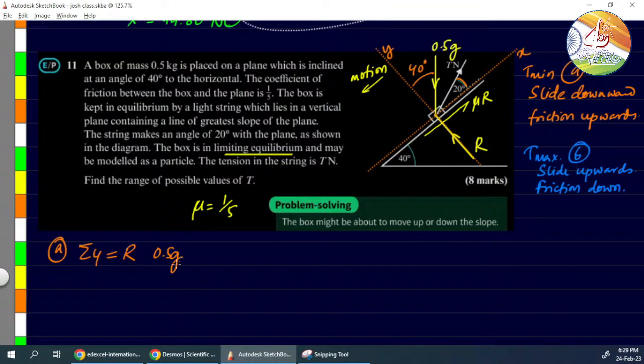The component of 0.5 g, that is cos 40, is acting in the negative y direction, so negative. Tension is going upwards. We want the y component, which will be T sin 20, acting in the positive y direction, so positive. The remaining force, friction, is parallel to the x axis, so it won't have any y component.